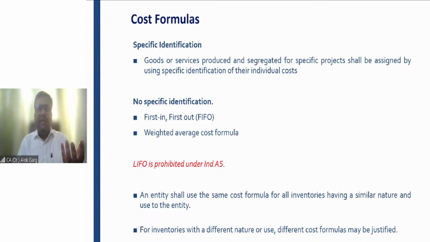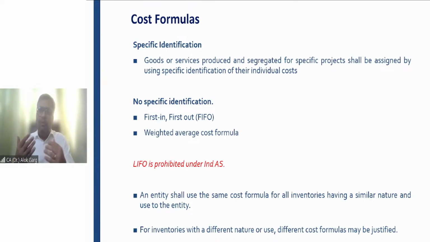To give you more clarity, for example, you are a trader of motorcycles, right? You have a showroom and you have motorbikes, scooty. So you purchased 50 units of scooty in the month of April.